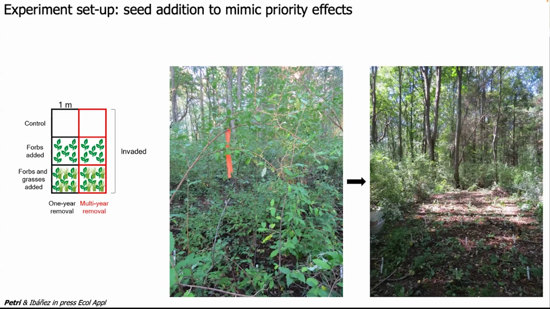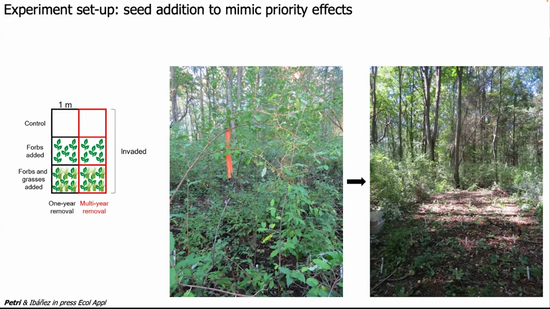So native forbs and native grasses, it's a seed mix. I used seed mixes from a local seed farm, in an attempt to see if whatever people are using in that landscape to restore their areas would be effective in our experiment, and thinking about the ecological processes behind that initiative of managing those species coming in, being very intentional about it.